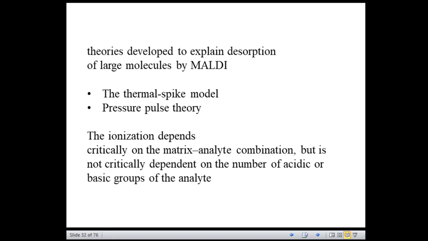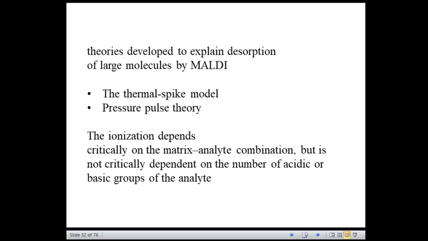So nothing to do with how many groups, that is acidic groups or basic groups, the analyte has. It is not critically dependent on that number. Ionization basically depends critically on the matrix analyte combination and not on the number of acidic or basic groups of the analyte.